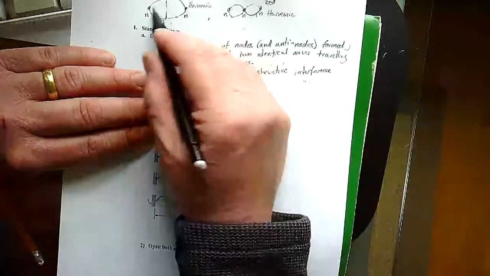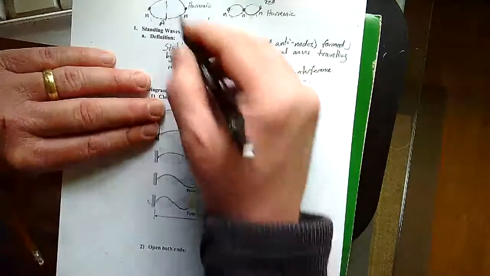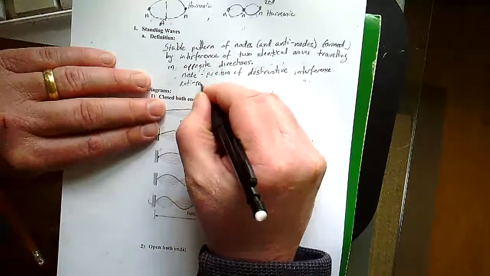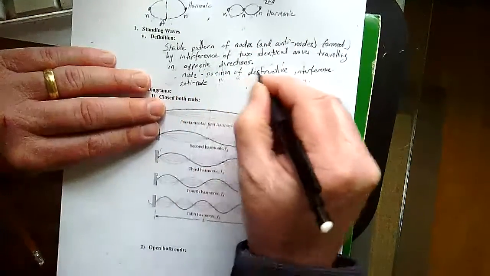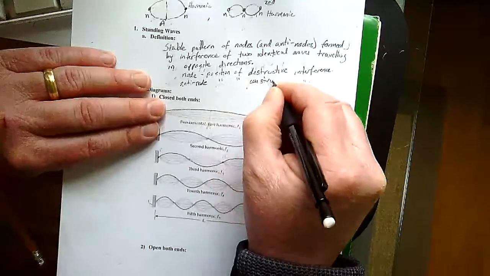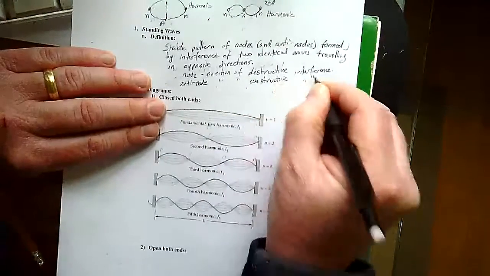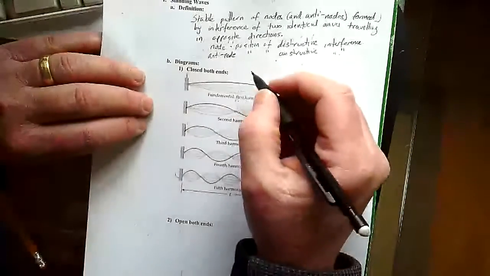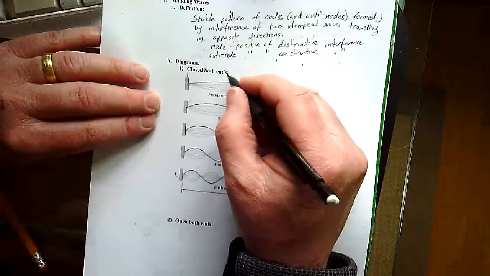So that's why it has no amplitude there, because the waves are canceling each other out. And an antinode is a position of constructive interference.